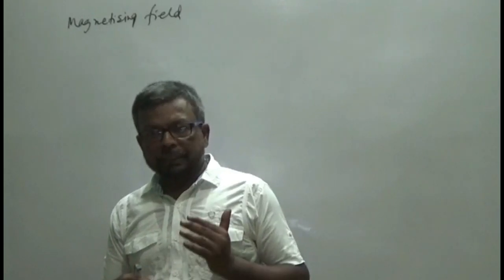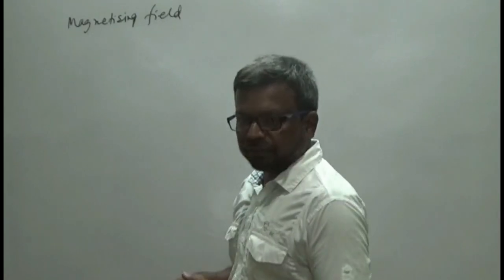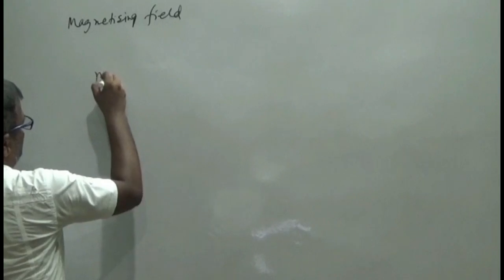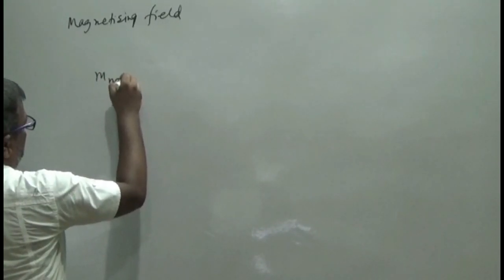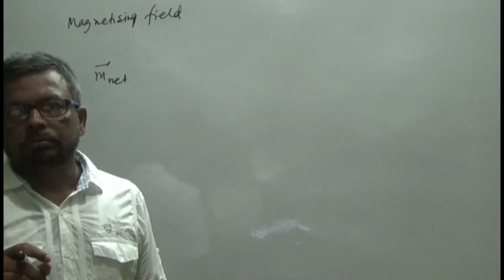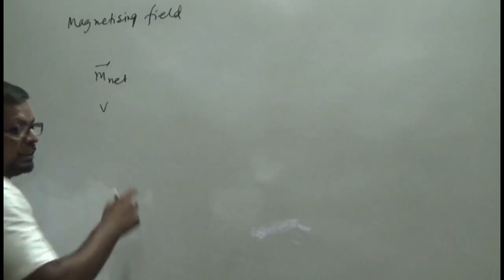Clear? If M net is the net magnetic dipole moment of the substance and V is the volume, then intensity of magnetization M is equal to M net by V, where M net is the net dipole moment of the substance and V is the volume of the substance.